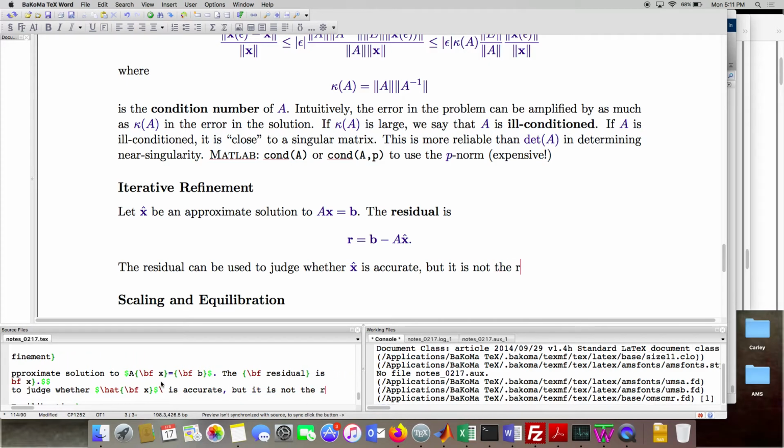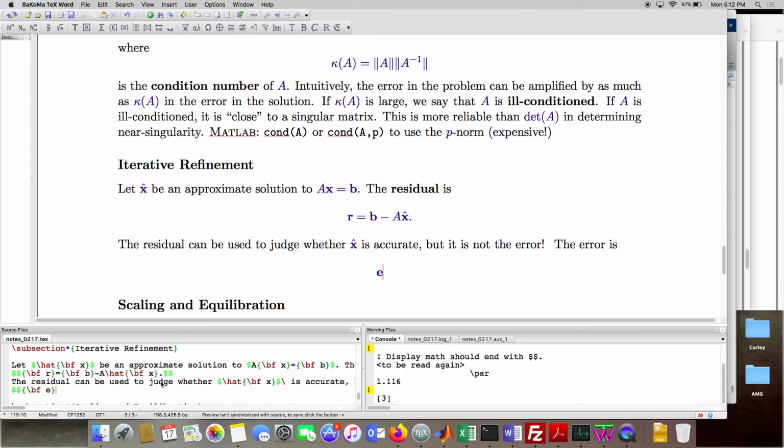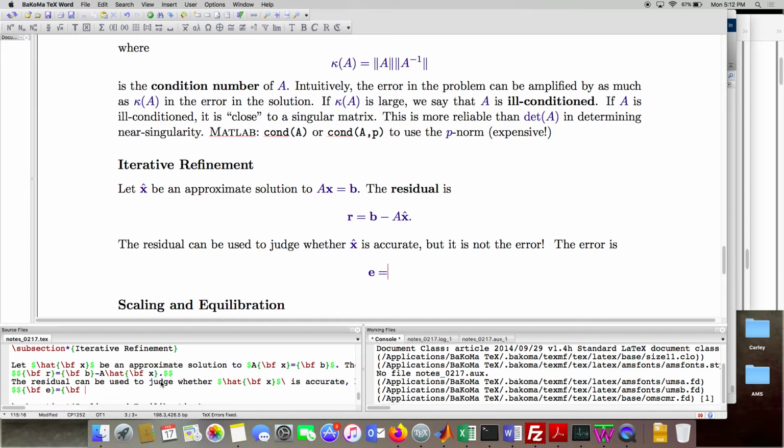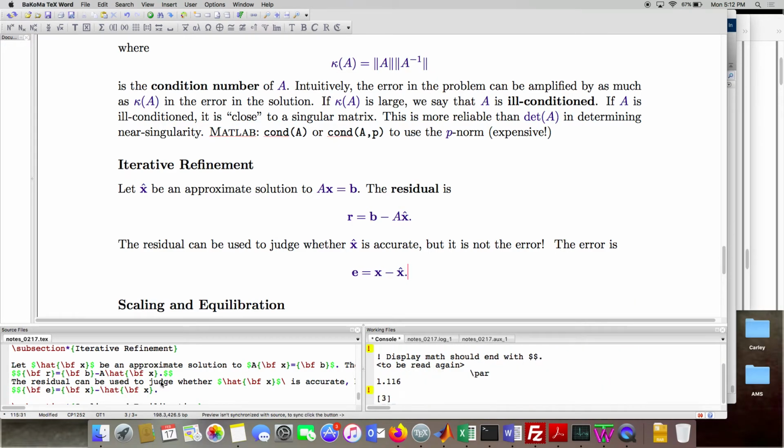But it is not the error. The error, I'll define it to be E, is equal to x minus x hat. That's what we really want to be small.